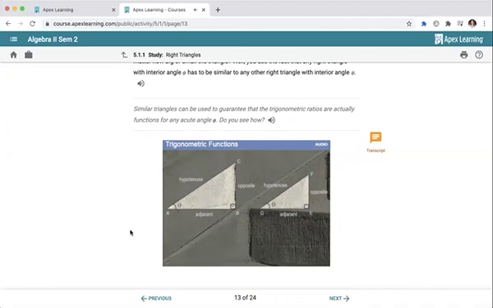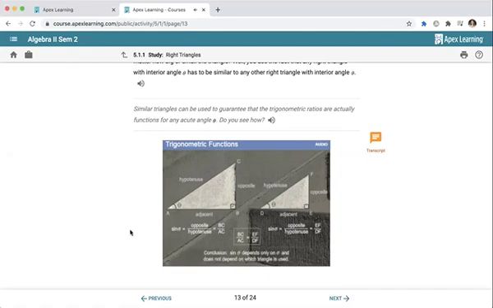What happens if you use both triangles to define the function sine? You can use either triangle to determine the value of sine for the angle theta. In each case, this is just opposite over hypotenuse. For sine of theta to make sense, these two expressions must be equal. This is guaranteed since BC over AC equals EF over DF is one of the equations of proportion for similar triangles.